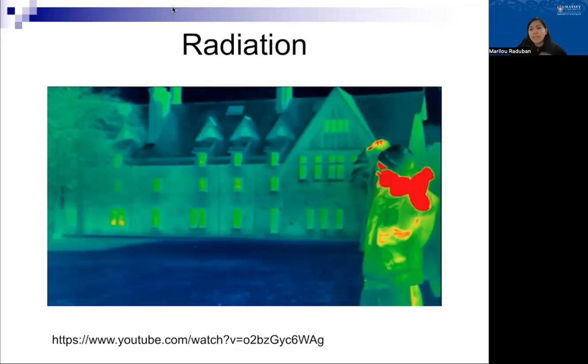If it's also a windy day, for example, you can have several heat loss mechanisms occurring all at the same time, right? So if it's a windy day, you can also have heat loss via convection, as the air molecules will take away heat from the surface of the skin.